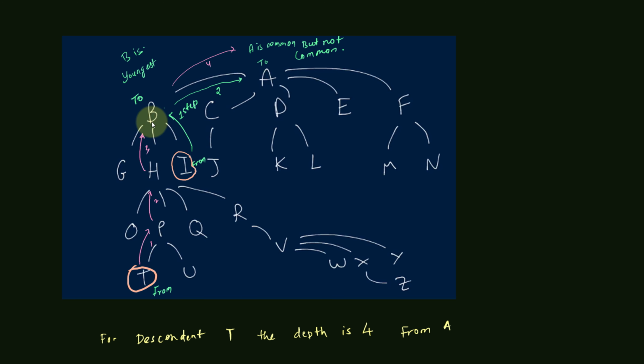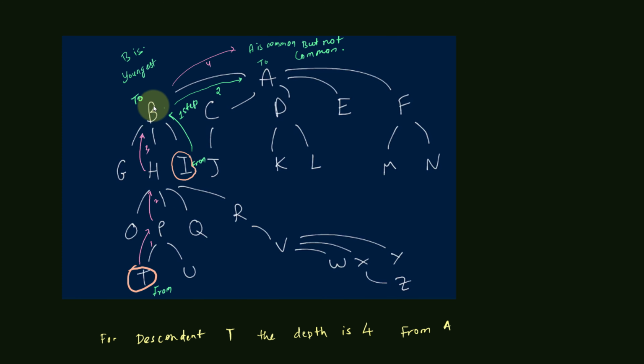So if you compare, let's say for I this is the parent, and for T this is also some great parent. But A will be the highest for both of them, right? For I and T, A will be the highest parent, a great parent.